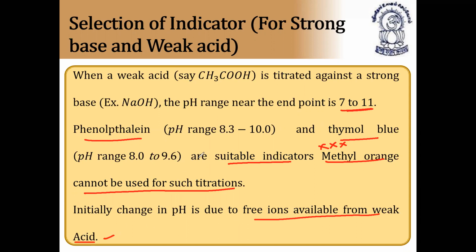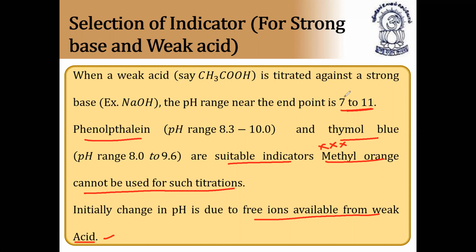So depending upon the end point of acid-base titrations, we have to select the indicators. This point is very, very important. Depending upon the end point range for the titrations, we have to select the indicators. So in the titration of weak acid and a strong base, the pH range near the endpoint is 7 to 11.